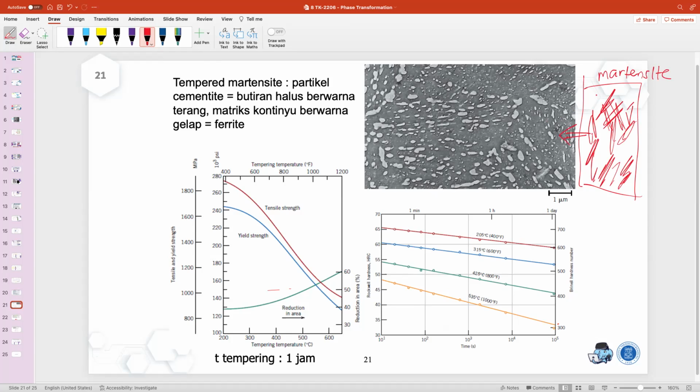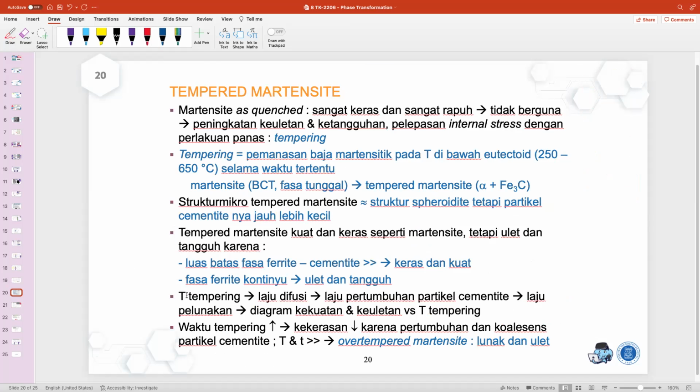All of those needles, similar to the bainite transforming into spheroidite, will reduce the area of the interface, which makes the phase boundary area smaller. If we look here, with the tempering temperature and some diffusion, the cementite will rearrange itself to become a little bit spherical or elliptical, and that will increase the ductility.